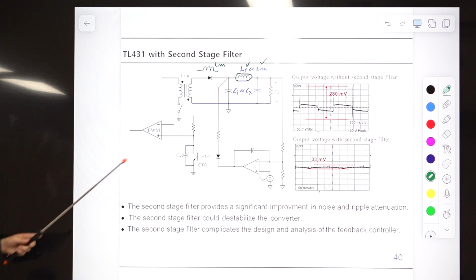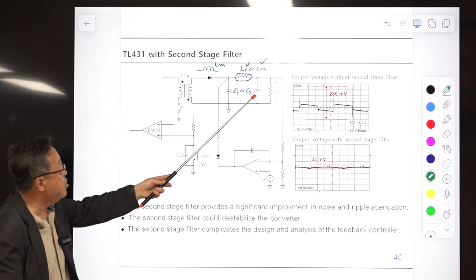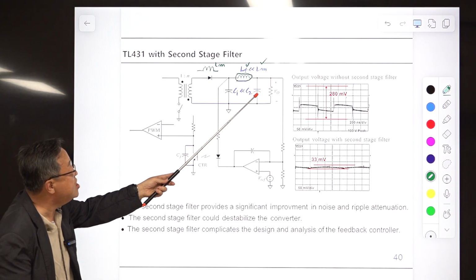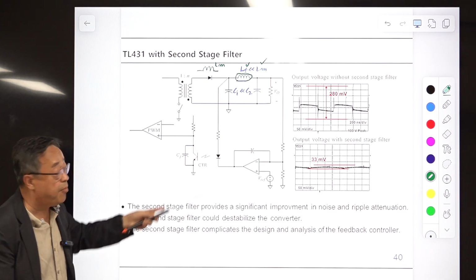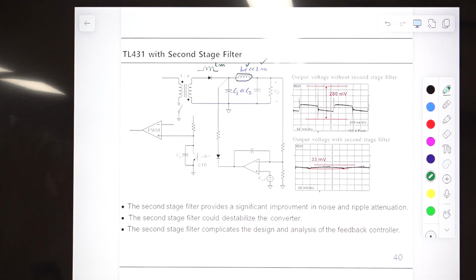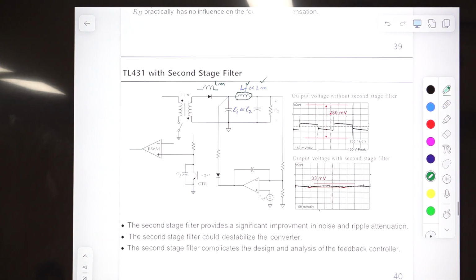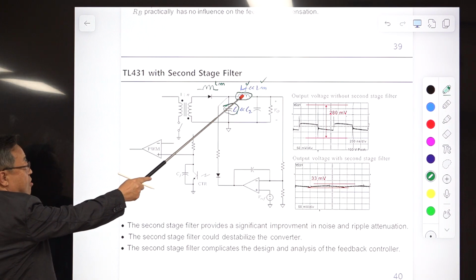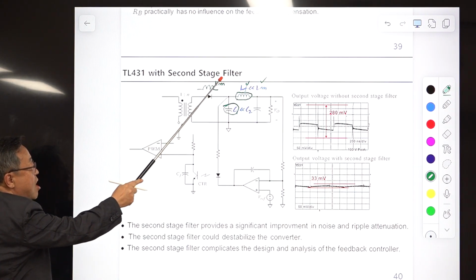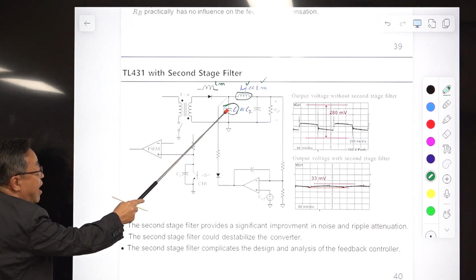Okay, and there is one extra capacitor here, and this is the original capacitor used in the original flyback converter. So in the original flyback converter, you have a capacitor here. This is the new one. Okay, you add a small inductance here, and a small capacitor at this port.